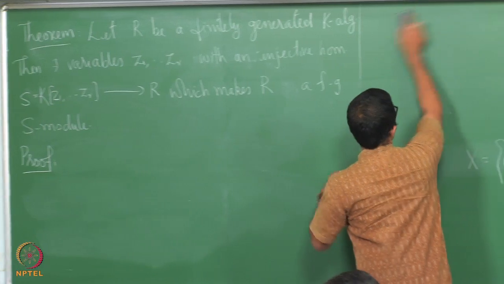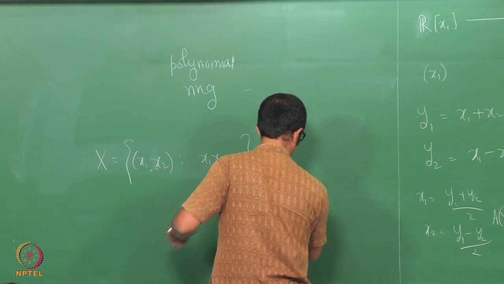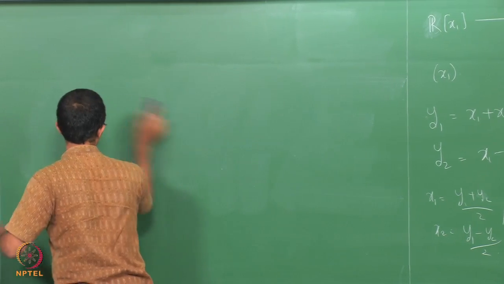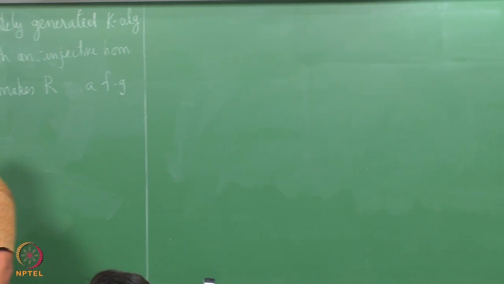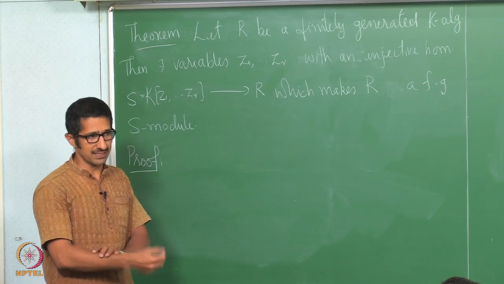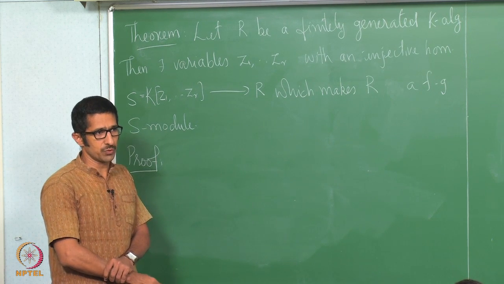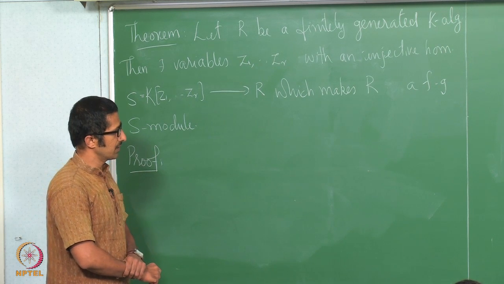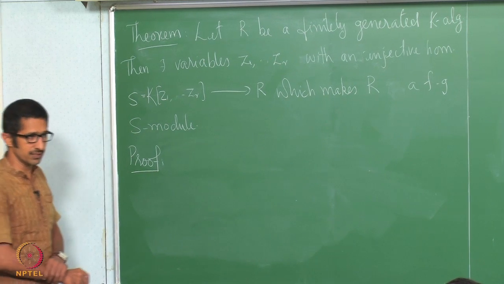Here I will do the proof assuming that the field is infinite. When the field is finite, the proof is slightly more complicated, and I will leave it to you to read on your own. It is not very different or too difficult, but it is slightly more lengthy. It uses some more intricate arguments, but I will leave it to you to learn it yourself.